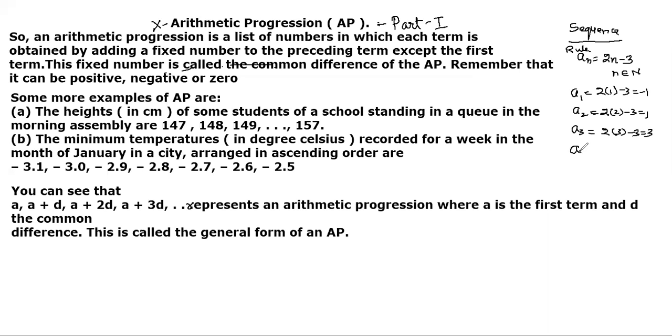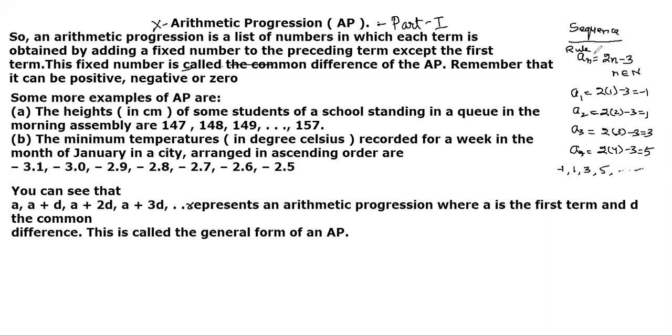The fourth term a4 will be 2 into 4 minus 3, so 8 minus 3, 5. So like this, you get the sequence minus 1 as the first term, second term 1, then 3 and 5 and so on.